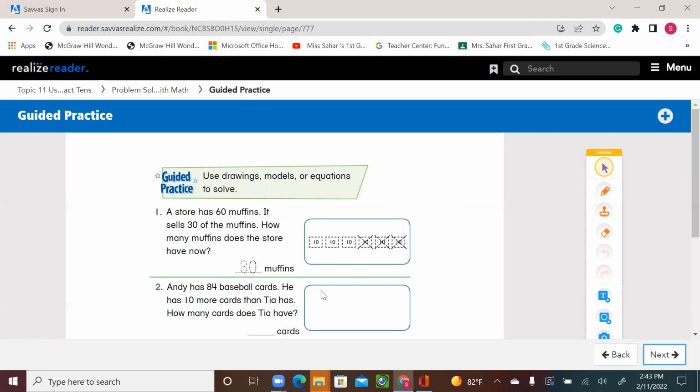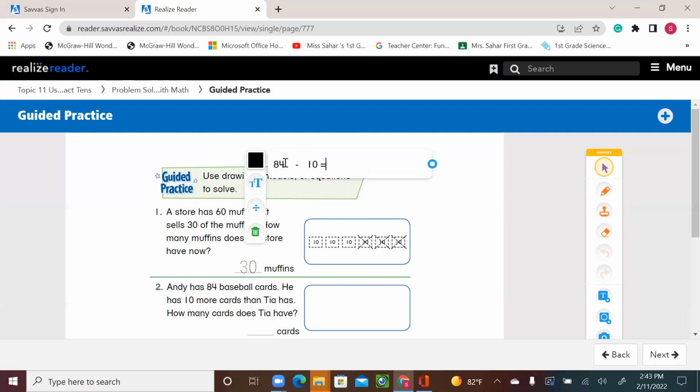So we can use that. You can draw, you can use the block value, or you can even use mental math. So if I use mental math, I know that 84 take away 10: my 10s digit here is 8. Take away 1, that would be 7.